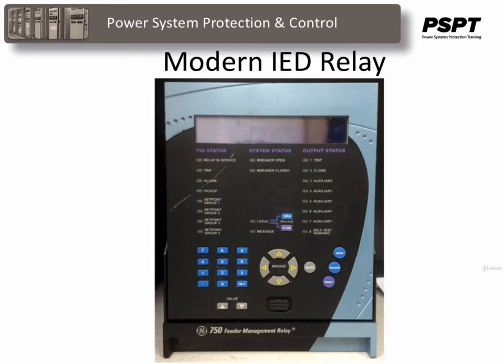Basically, IEDs are computers that also have measuring devices in them. So they're very flexible. You can create many types of characteristics that you want to watch for in a line, the least of which are instantaneous overcurrent and timed overcurrent type characteristics. And we'll talk more about those later.